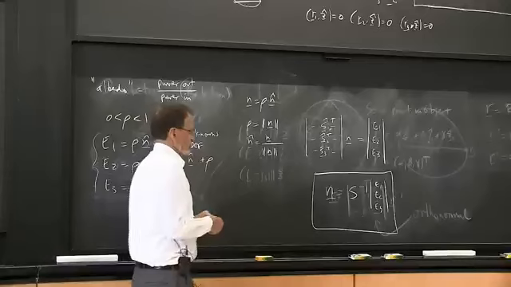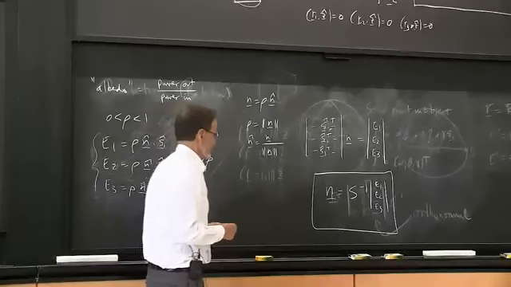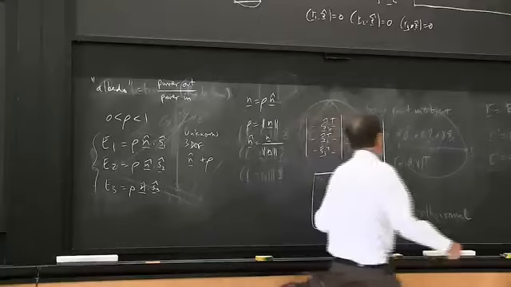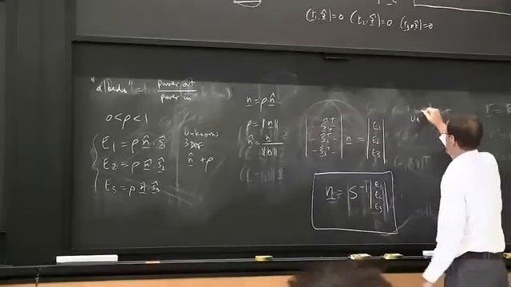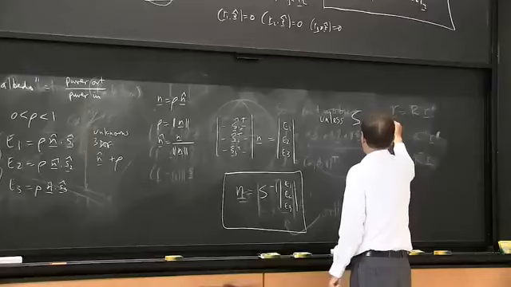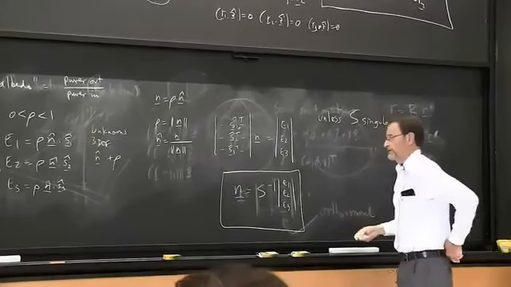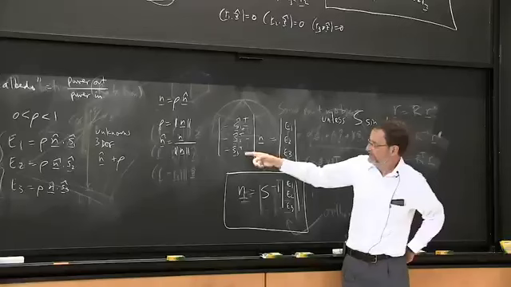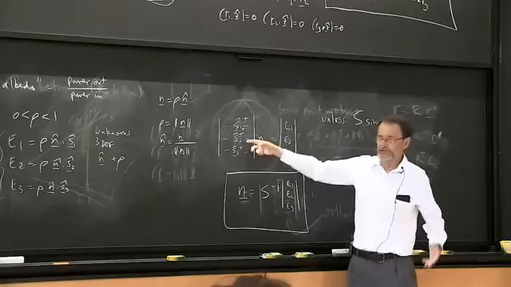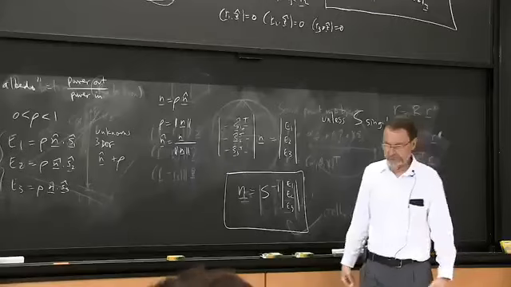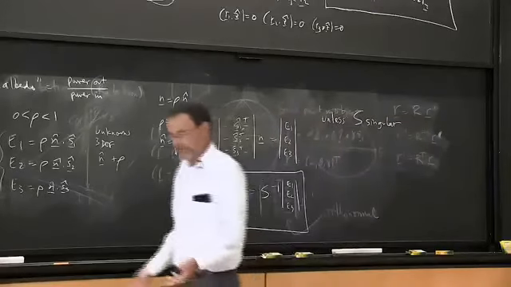So, a number of things to discuss about that. One of them is that this is assuming that S is invertible. I can easily construct cases where that's not the case. For example, if S3 is actually just the same as S2, then two of the rows of the matrix are the same.